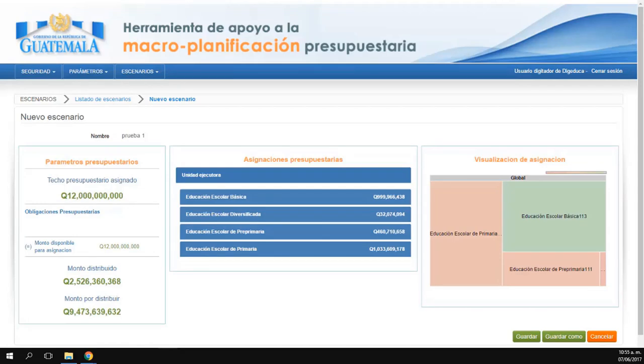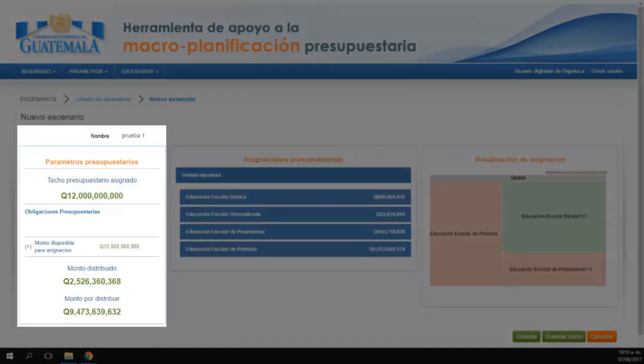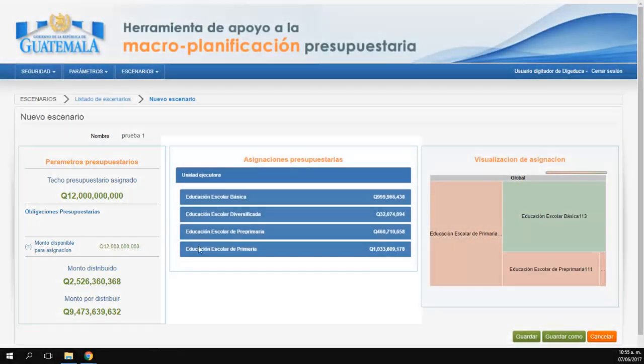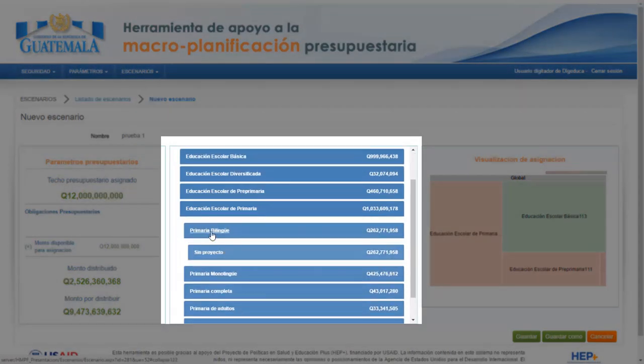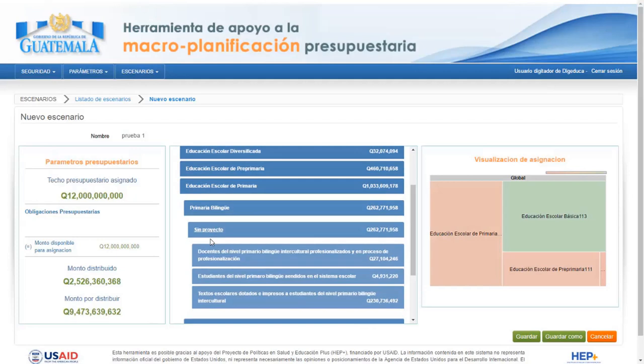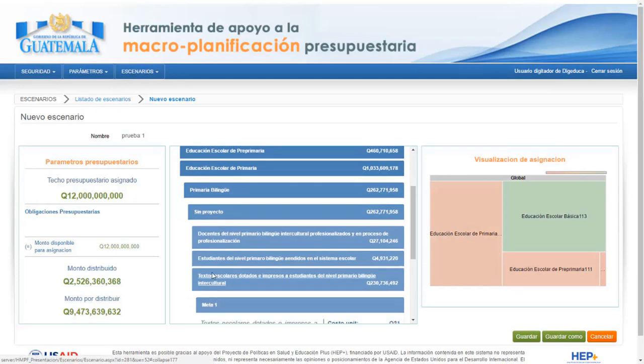On the left side of the screen, you can see a set of parameters like how much money is available for spending and how much of that you have already allocated for specific programs or projects. In the middle sector is where you actually interact with the tool. You can choose the program or sub-program, project or activity, all the way down to a specific goal that you want to achieve.